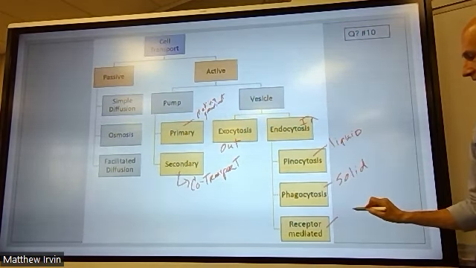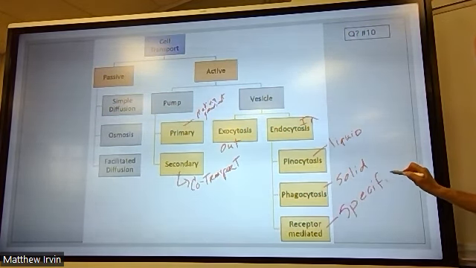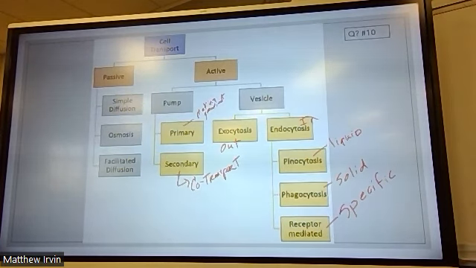And receptor-mediated endocytosis is something very specific, which we will talk about. Pinocytosis and phagocytosis are going to be non-specific, and their difference is whether it's drawing in liquids, in solutions, or whether it's solids. Good.